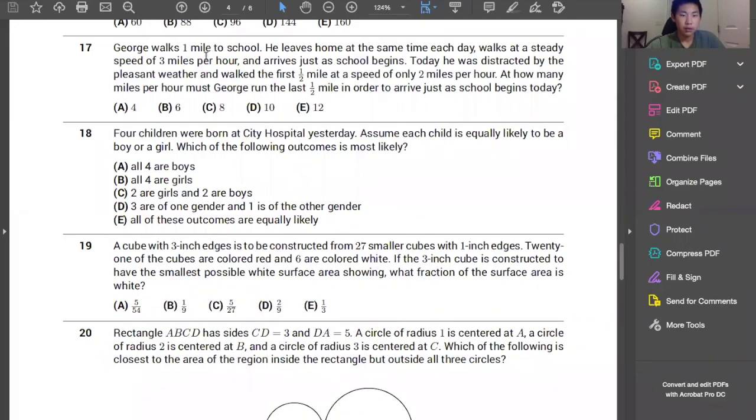So if he usually goes 3 miles per hour for 1 mile, that would usually take him 20 minutes. That's 1/3 of an hour.